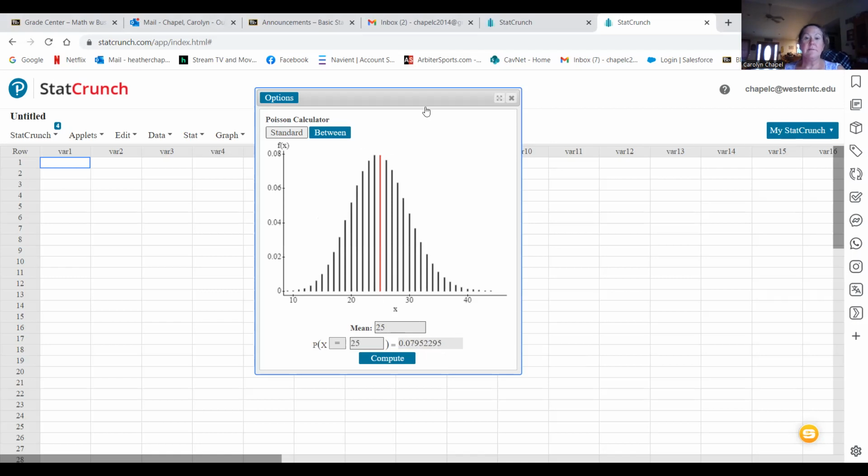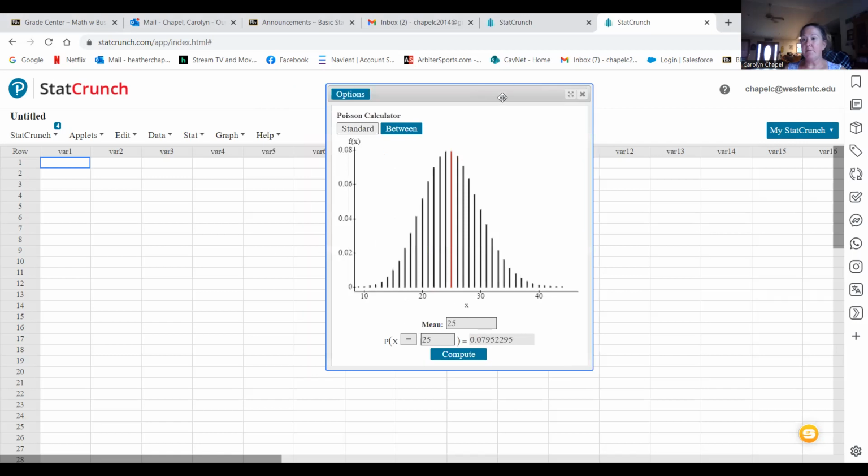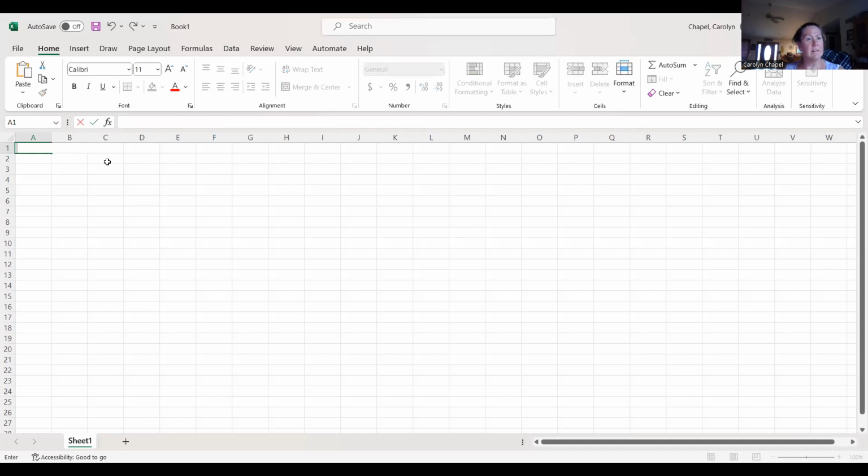Yay, us. Okay, I'm also going to show you how to do it in Excel, because sometimes you will not have StatCrunch available to you, but you may have something similar to Excel, either Excel or possibly Google Sheets, but very similar to Excel. Again, you're just going to pick an empty cell.